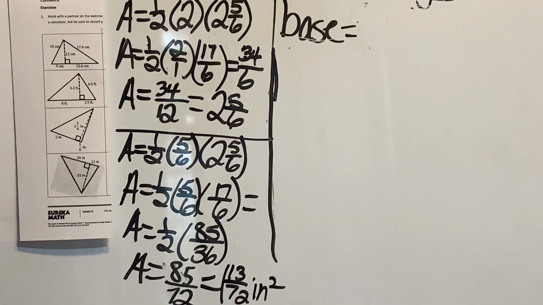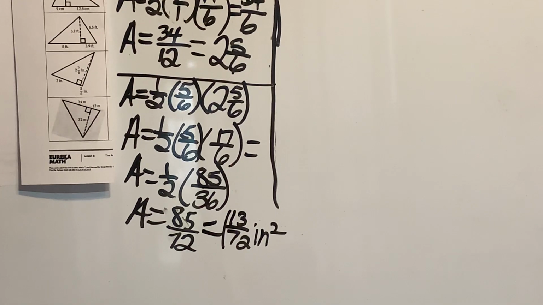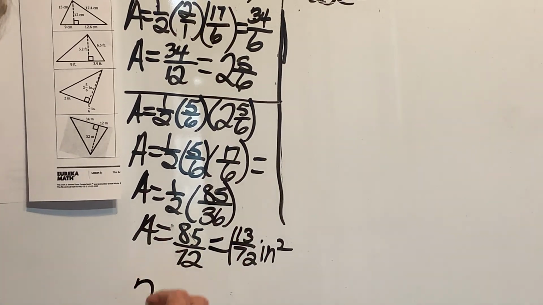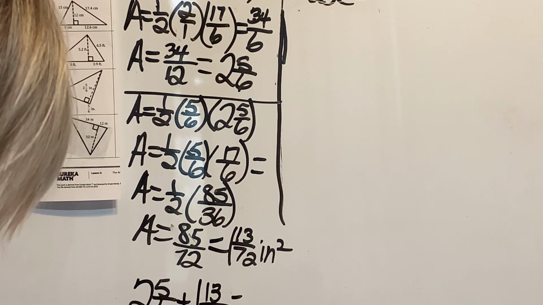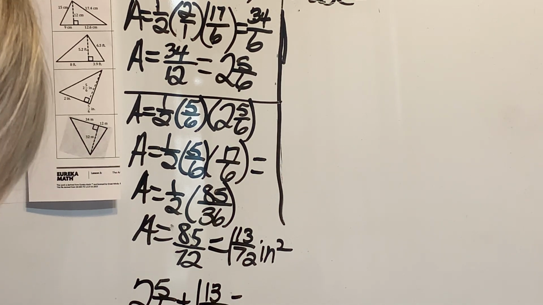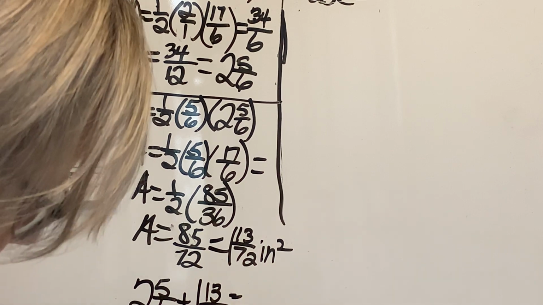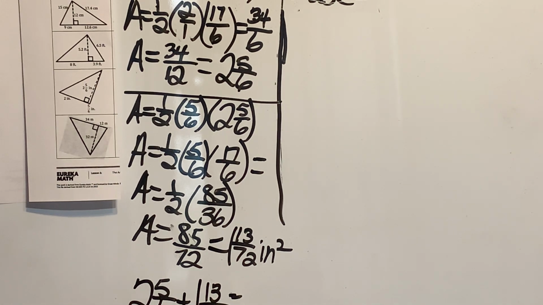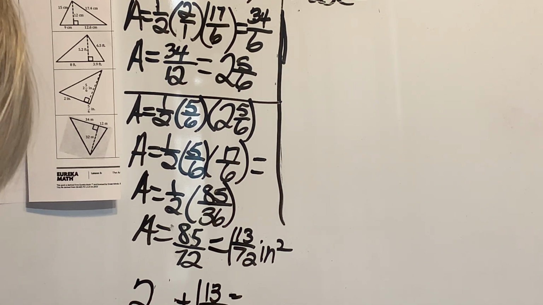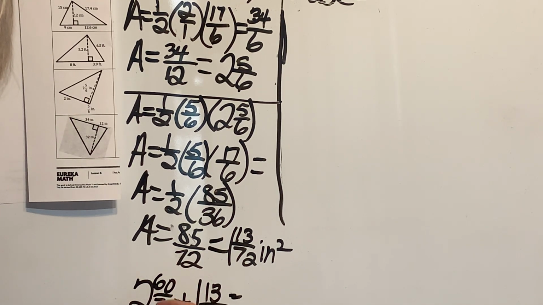So when we add those two areas up, we have 2 5/6 plus 1 13/72, which would give us a total of, I'm going to need to change this to 72nds. So when I change 5/6 to 72nds, that's going to be 60/72.